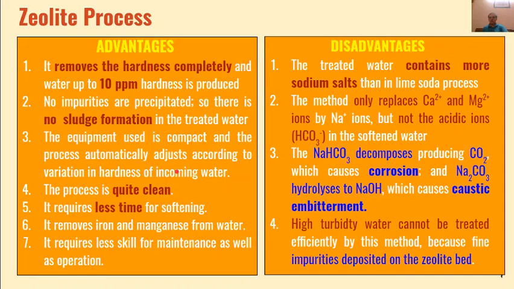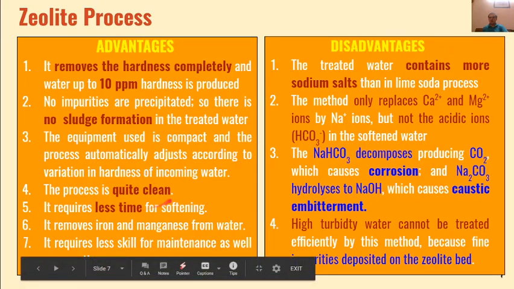In the lime soda process, on the basis of the amount of hardness, we have to calculate the amount of lime, soda and coagulant required, and then we have to add. Whereas in this process, it is automatically adjusted how much zeolite is required depending upon the hardness of the incoming water.